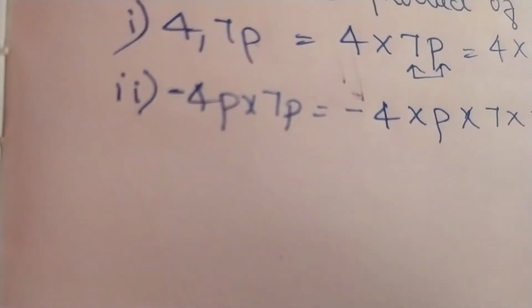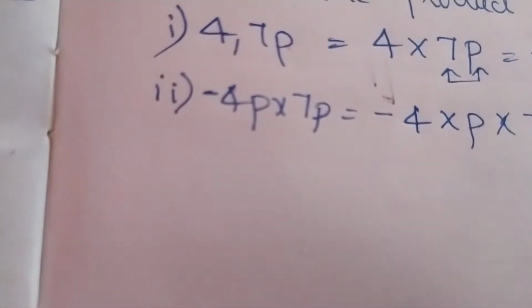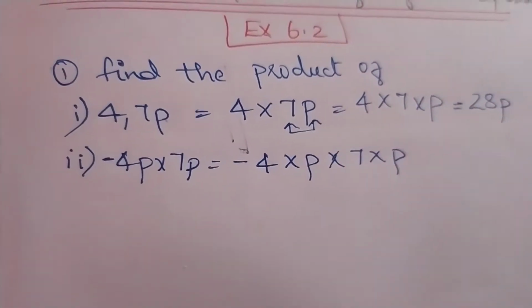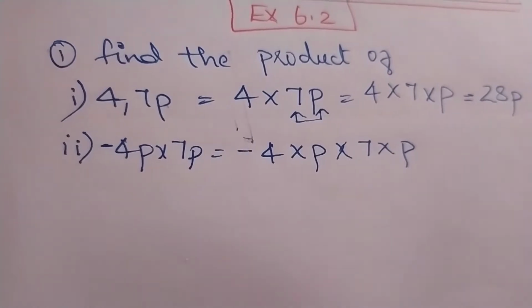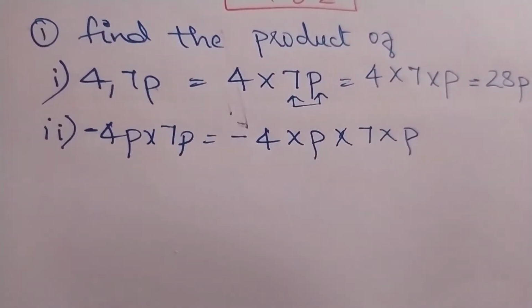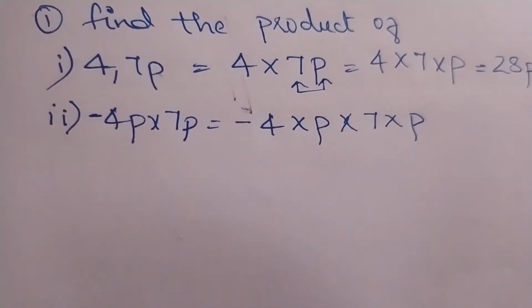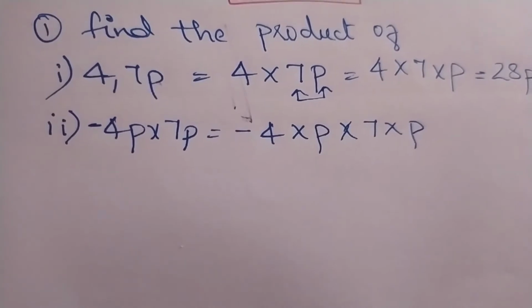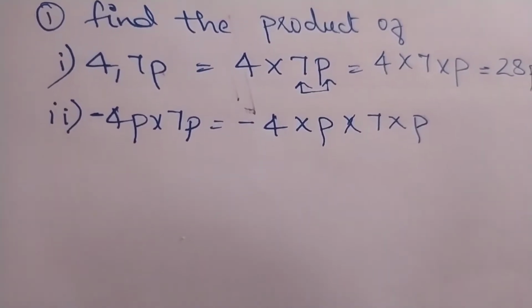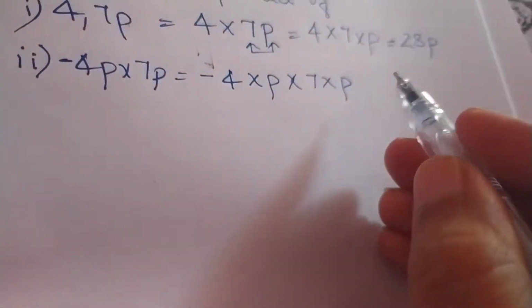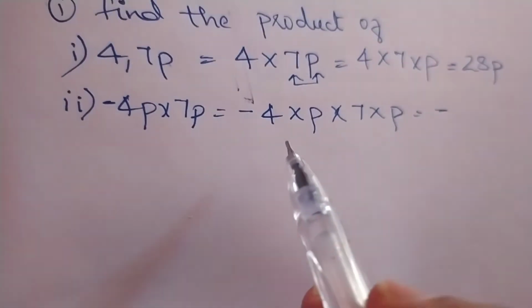Now when there is no sign for any number, it is understood to be a plus sign. Each and every number will have a sign. If there is no sign, it is understood it is a plus sign. Now here they have given 4 a minus sign and the others are all positive. So minus into plus, children, by the sign rule, it is minus. So we write minus.